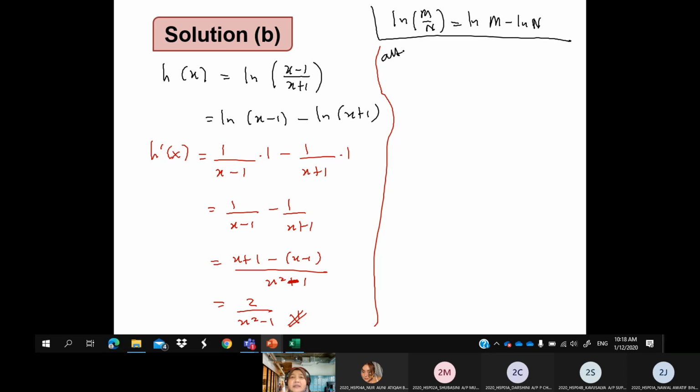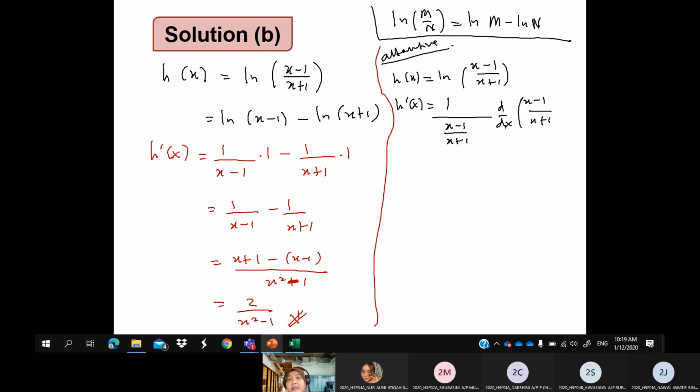Yes, there is an alternative method. Say this is h(x) equals ln of (x minus 1) over (x plus 1). For h prime(x), say you don't want to use the law. This is also turun darjat: 1 over (x minus 1) over (x plus 1). Then you need to differentiate whatever is in the bracket.